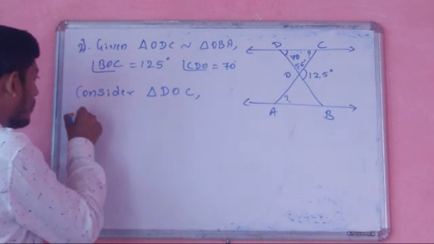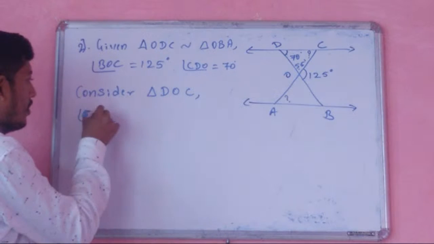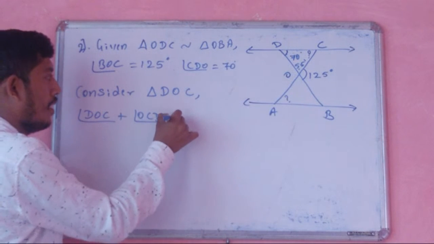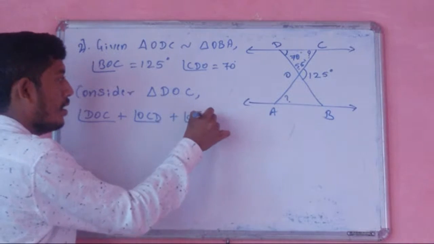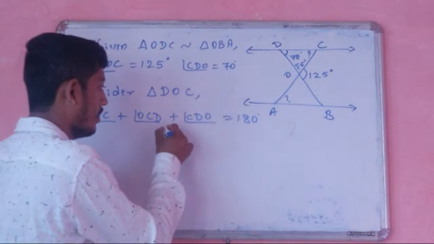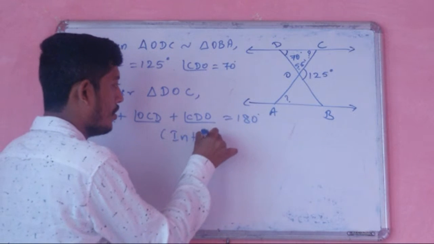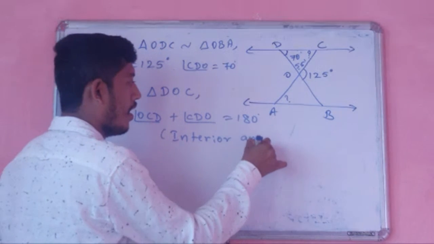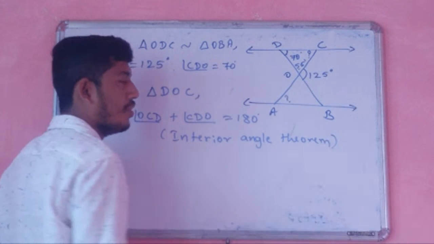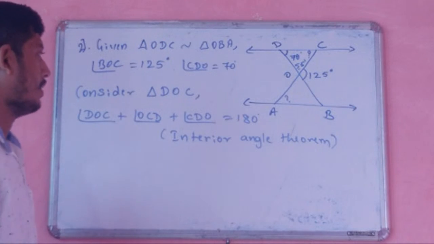So angle DOC plus angle OCD plus angle CDO is equal to 180 degrees. The reason is the interior angle theorem.